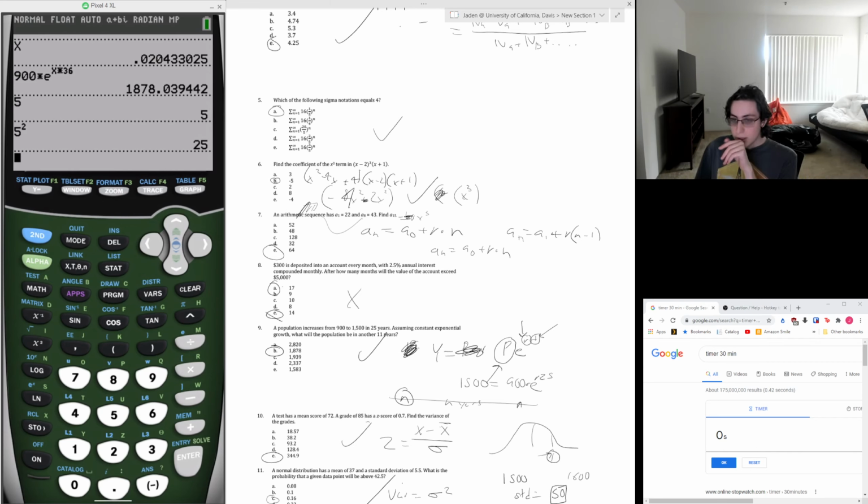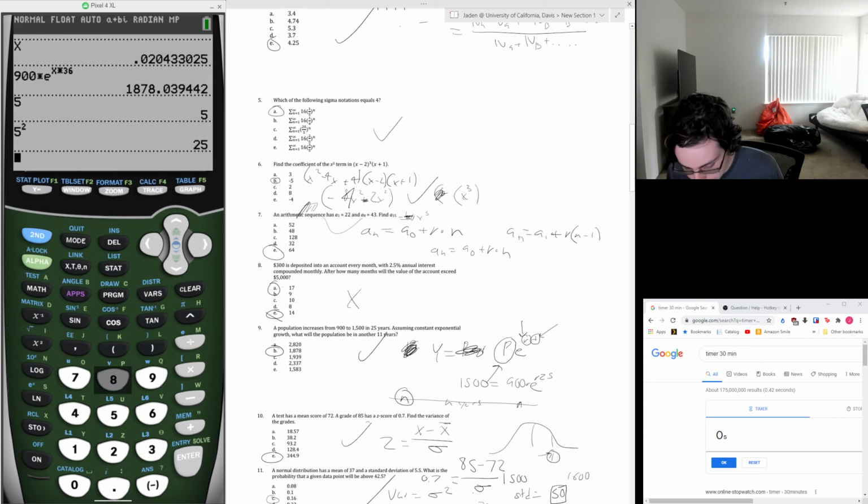So initially we solve. We have 85 minus 72 over the standard deviation is equal to a z-score of 0.7. You multiply the standard deviation up, divide by 0.7, and you get 85 minus 72 divided by 0.7 equals the standard deviation.